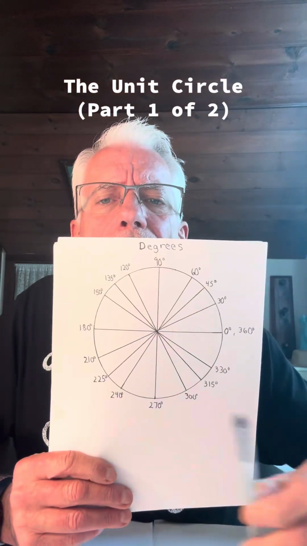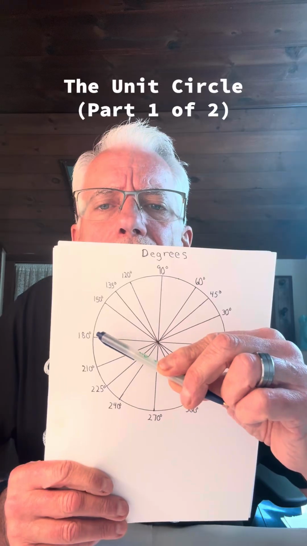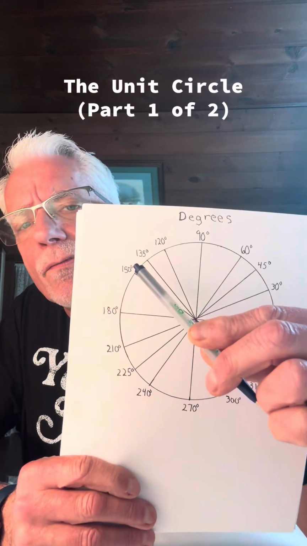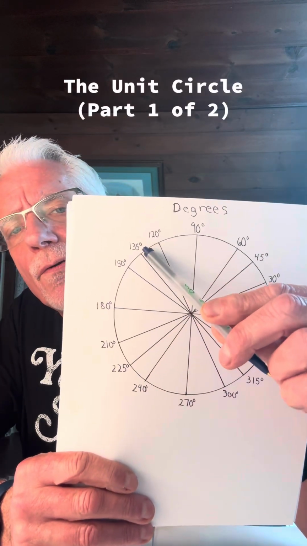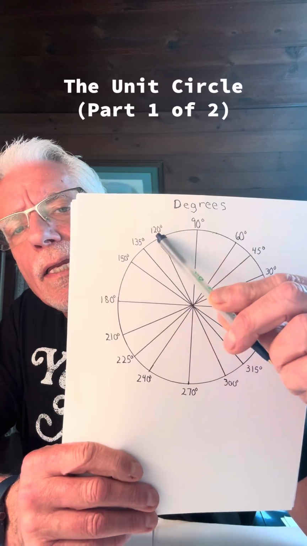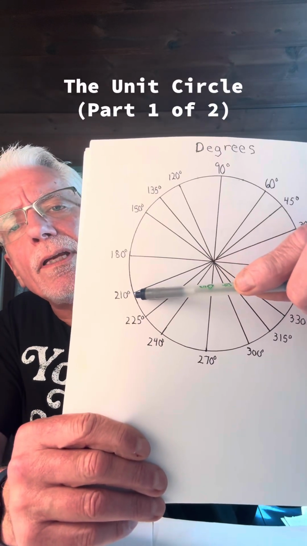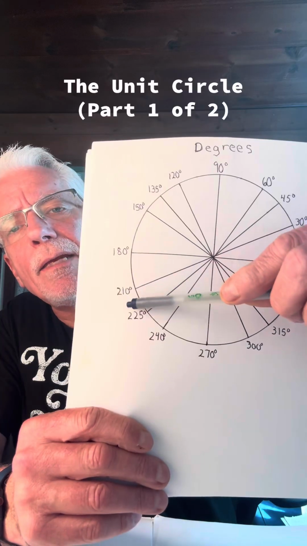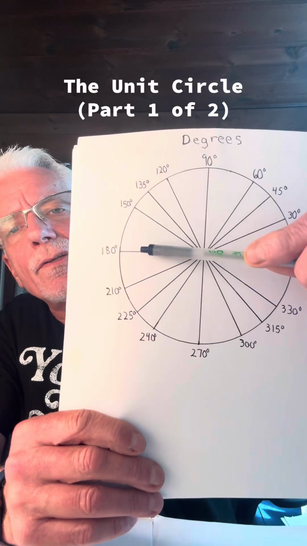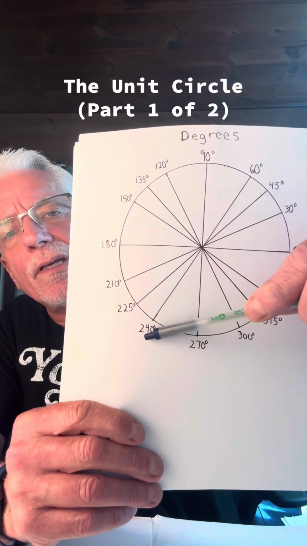So right here, 180 minus 30 is 150, 180 minus 45, 180 minus 60. Here's 180 plus 30, 180 plus 45, 180 plus 60.